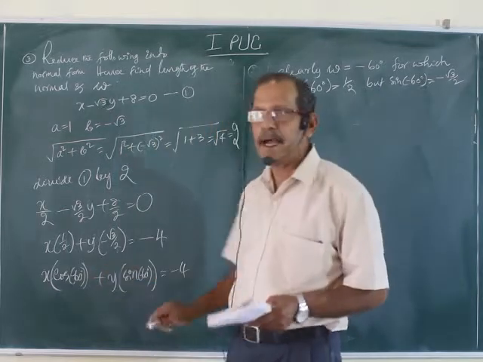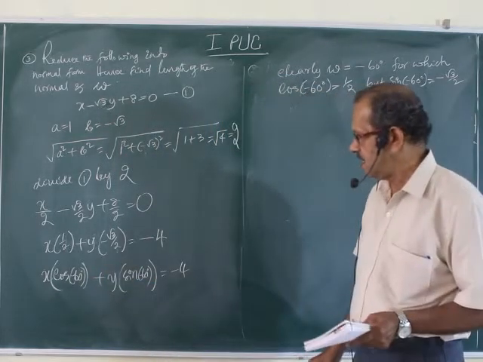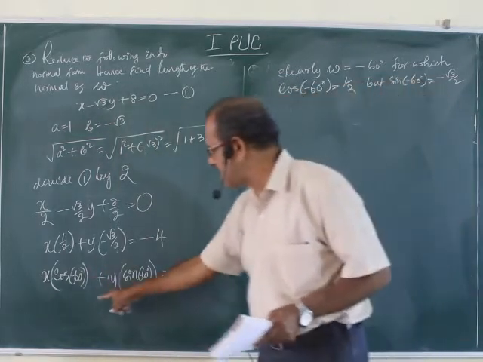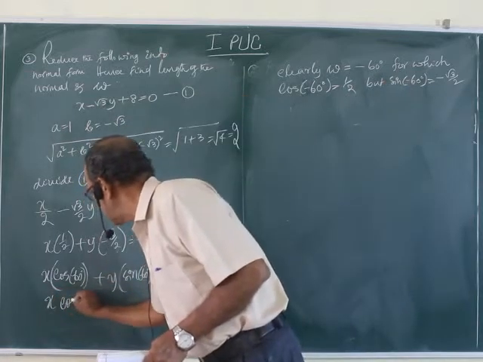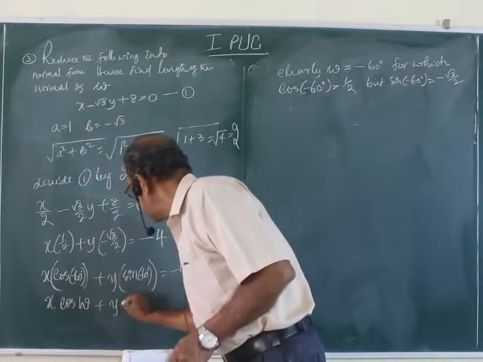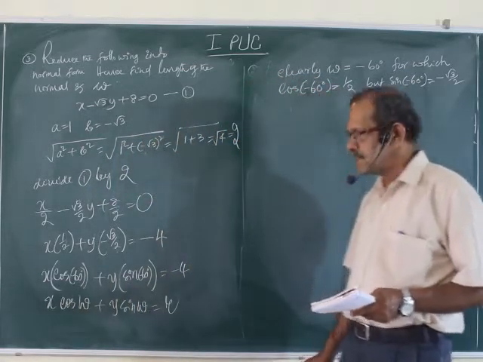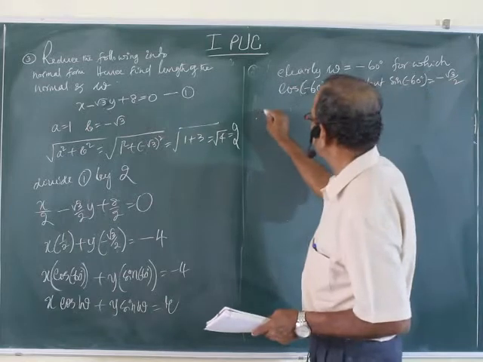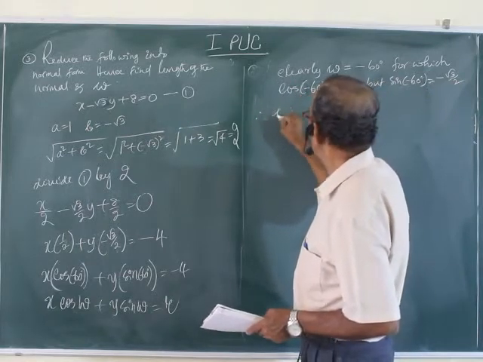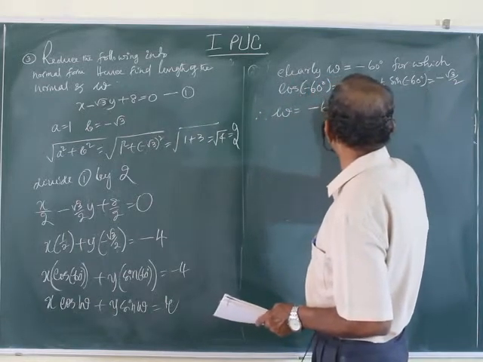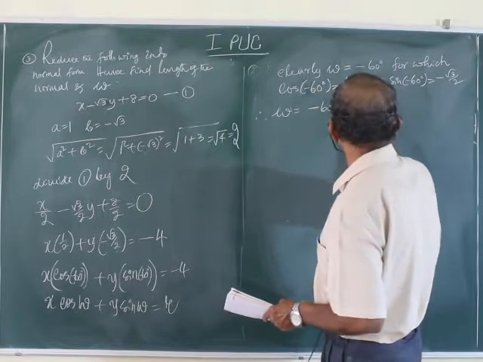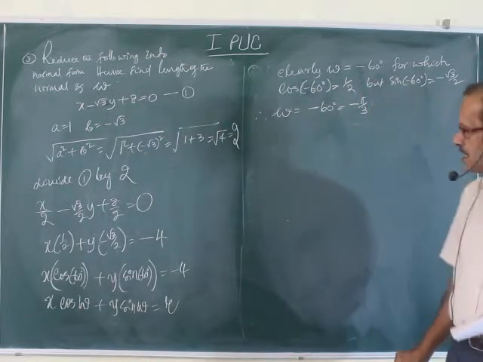You have to write the same angle in both the places. This is actually the standard form: x cos omega plus y sin omega equal to r. Therefore, omega is minus 60 degree. If you want the radian, it is minus pi by 3.